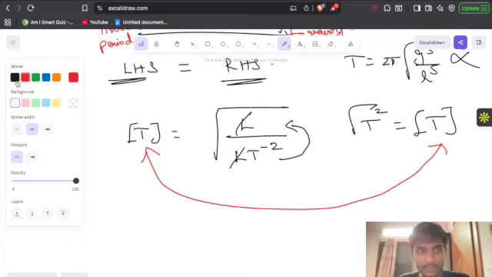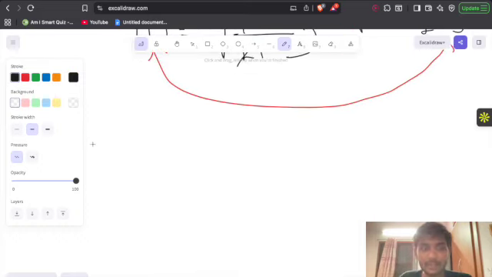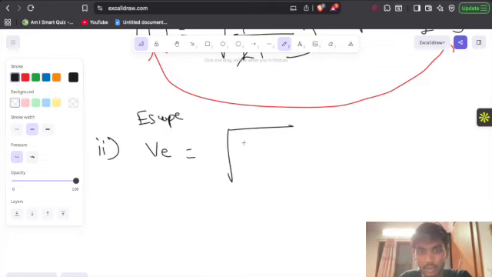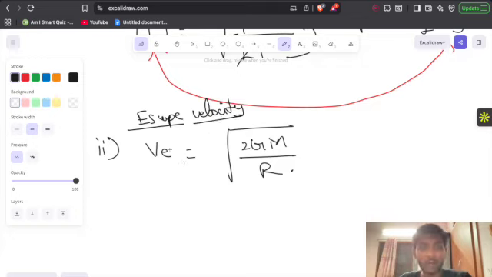Okay. In case you want a second example, I can give you one where I consider another equation, which is escape velocity is equal to root of 2GM by R, for example. You will be learning about escape velocity in your gravitational chapter in class 11th. So it is fine if you don't understand where this is derived from or what this is.